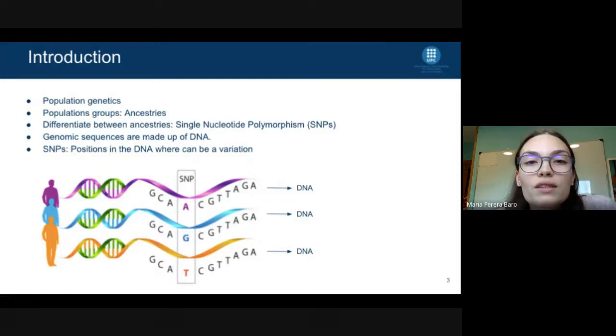The frequency distribution of those SNPs and the correlations between them are linked to different population groups, such as Europeans, Asians, Africans, etc. This is caused by the facts of having different founders, migrations, and genetic variances along history. So the different ancestries can be differentiated based on their SNPs.